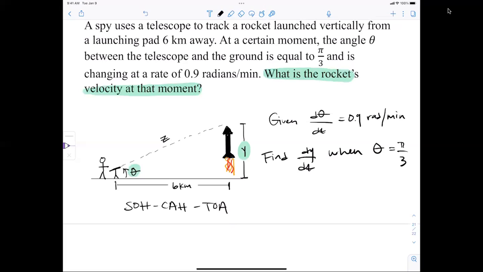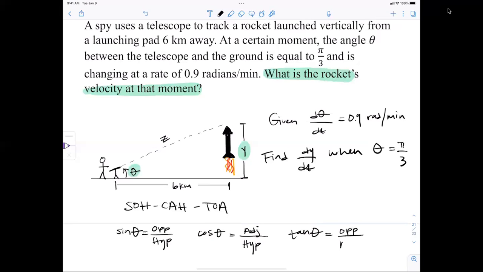So sine of theta would be equal to the side opposite over the hypotenuse. Cosine of theta would be equal to the side adjacent, which is the side next to the angle, not the hypotenuse, over the hypotenuse. And then tangent of theta would be the side opposite over the side adjacent.